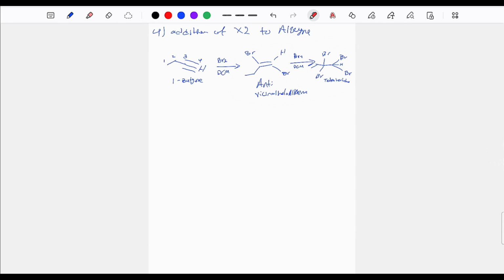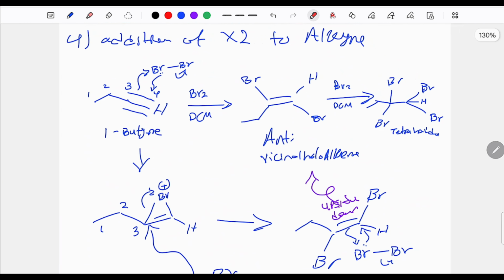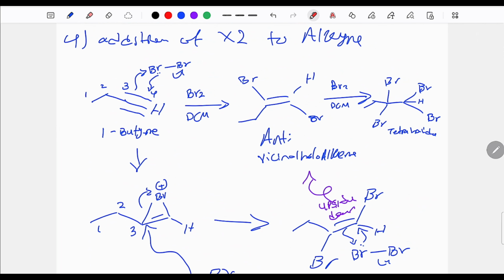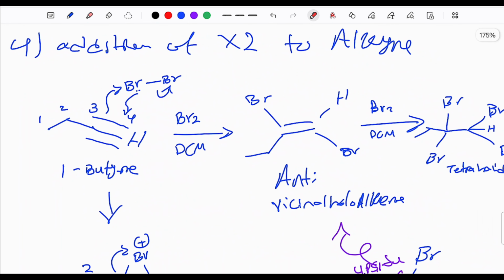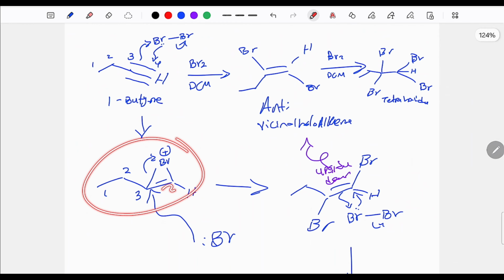So let's take a look at the mechanism of this. I went ahead and drew out the mechanism here for you. It's extremely similar to that of an alkene halogenation, right? So you get the bromonium ion intermediate forming, except there's a double bond here.